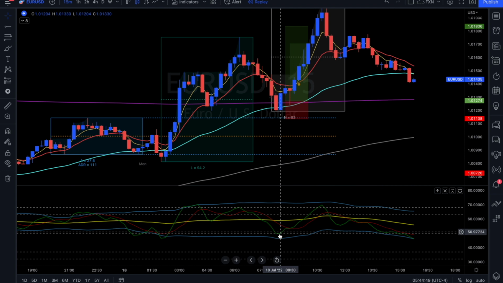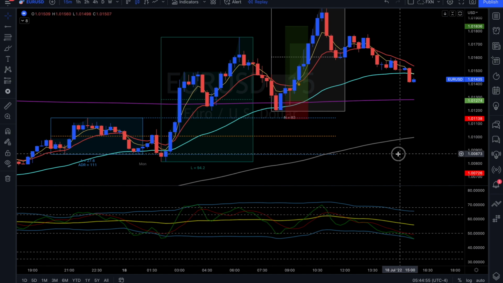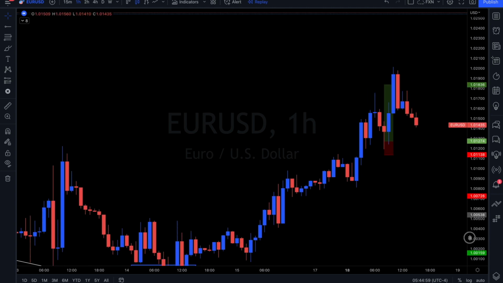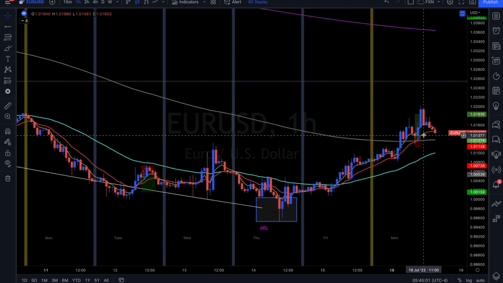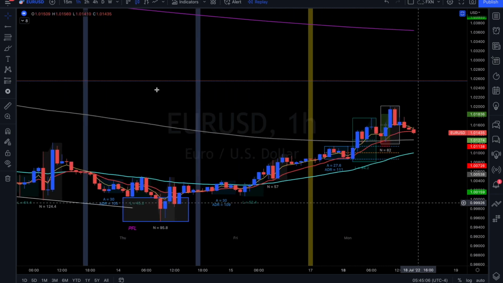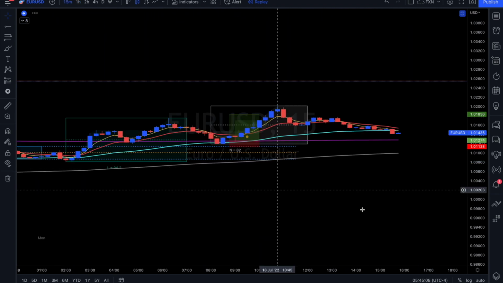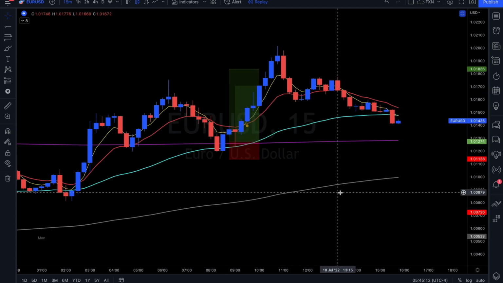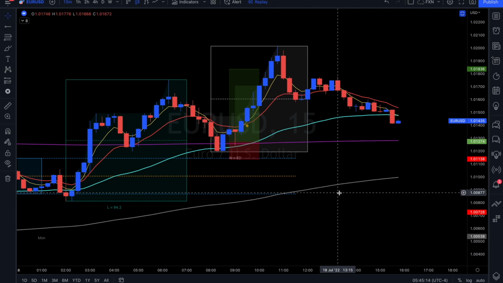If we look at the TDI, it's also bouncing off the 50. So we have all of these confirmations coming together, and in the bigger picture, we're coming off of peak formation low, so we're looking for buys anyway. Everything did come together in this particular trade for this specific type of setup.